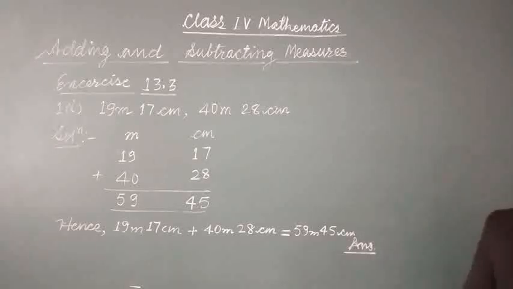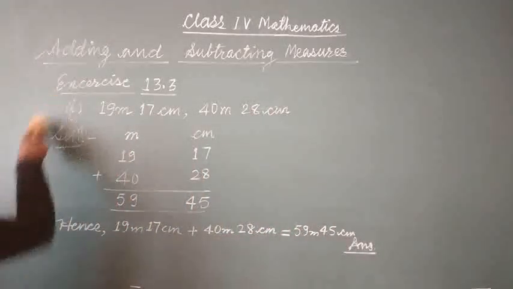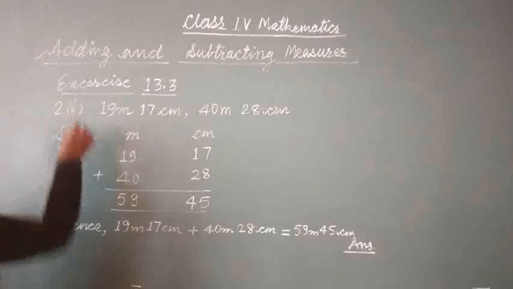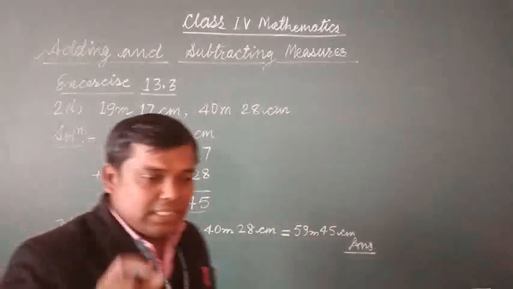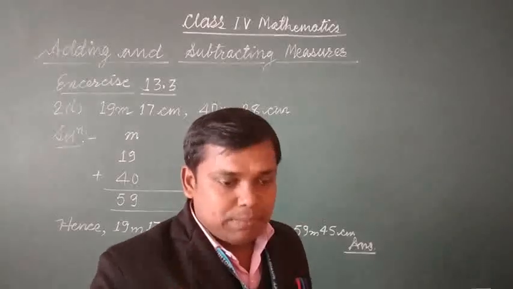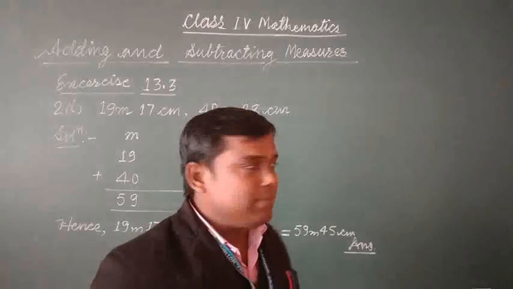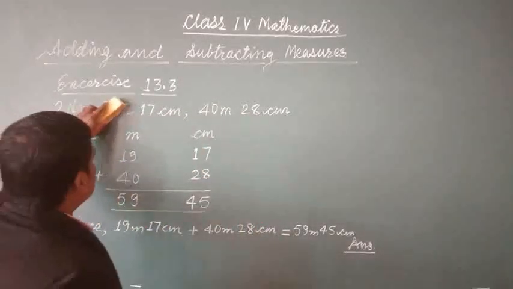Now I am going to solve question number 1 of it. It is written subtract 12 kilometer 250 meter from 24 kilometer 780 meter. So I am changing the value here.